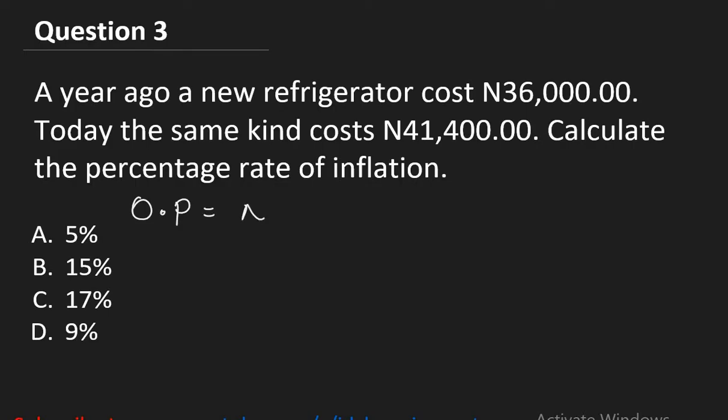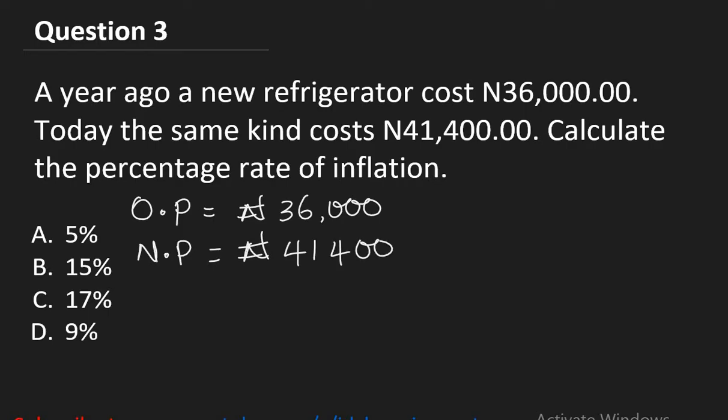Original price is equal to 36,000 naira. The new price, NP, let it be 41,400. Calculate the percentage rate of inflation.